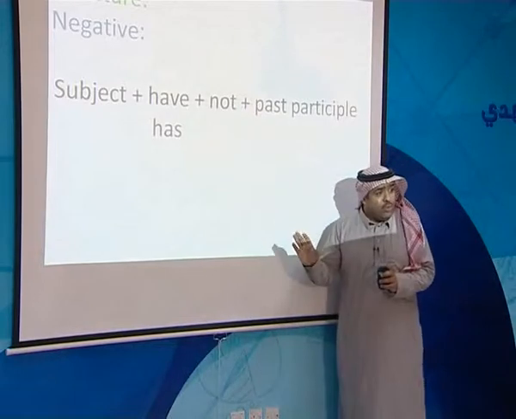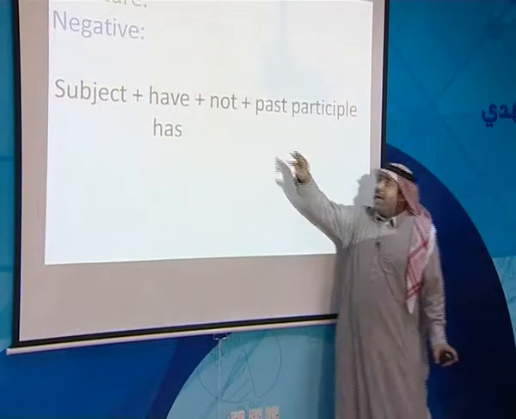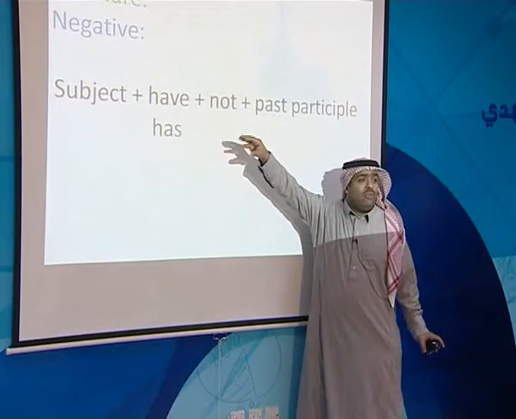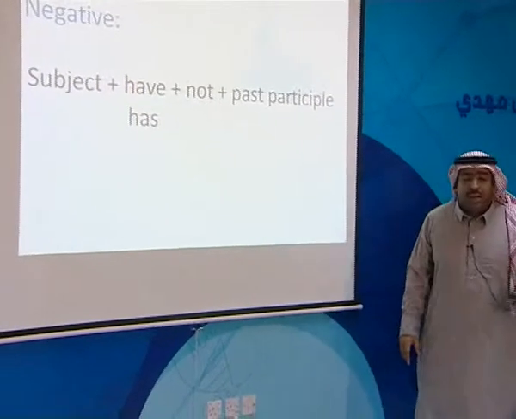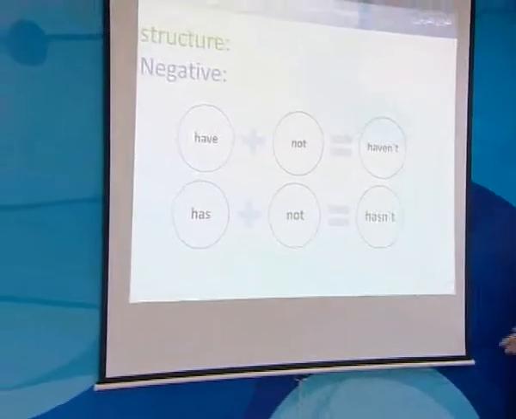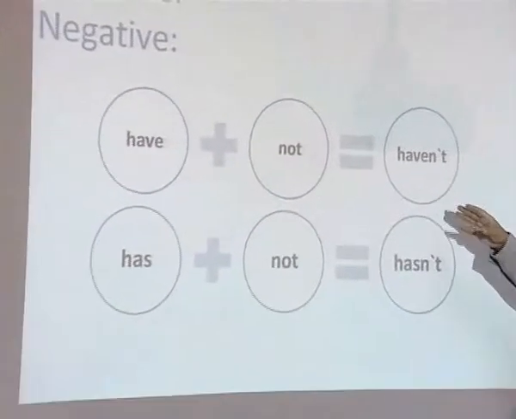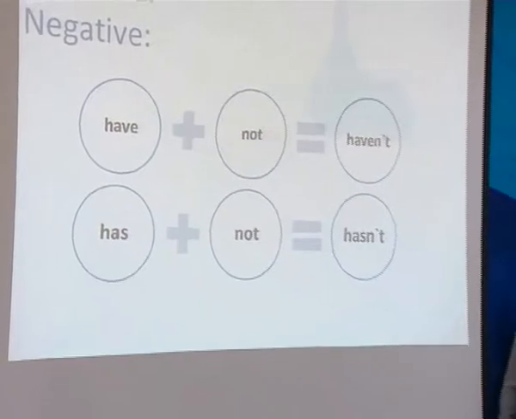The same structure as the affirmative form, but in the negative form, we add not after have or has. Have not, of course, the short form is haven't. Has not, and this is also the short form.